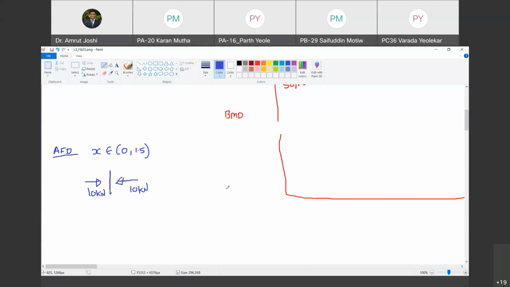Bolo. Axial compression. Yes. So therefore we are going to treat it as negative. So for any section between 0 to 1.5, I am going to have an axial force of 10 kilonewton compressive in nature. Now let us take a section belonging to 1.5 to 3.